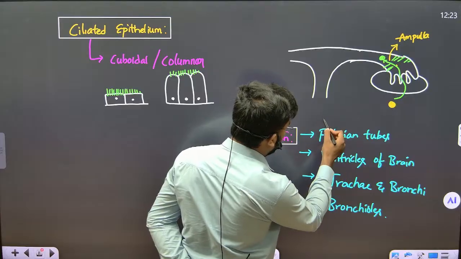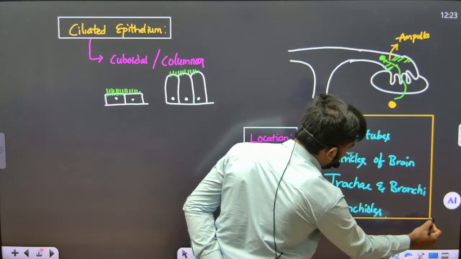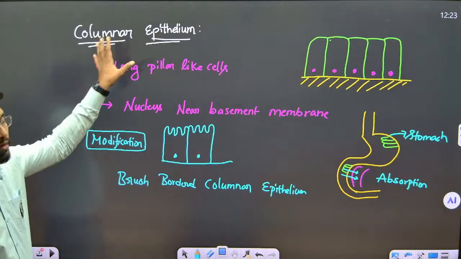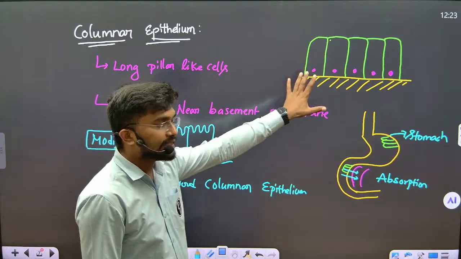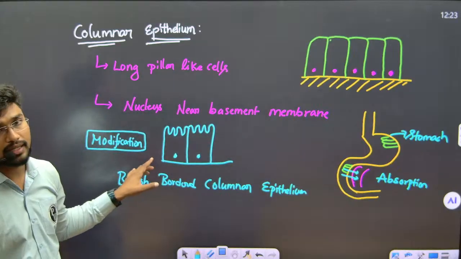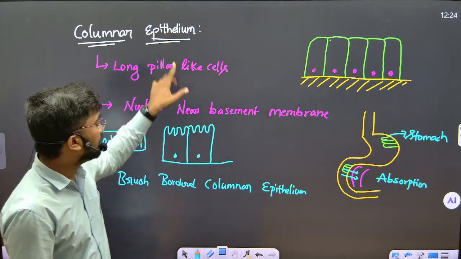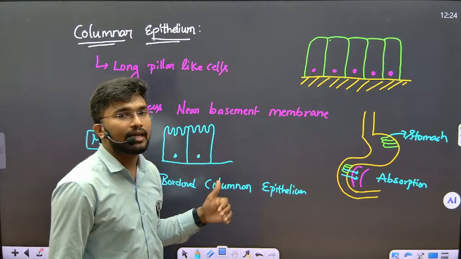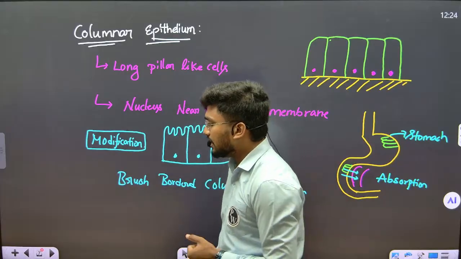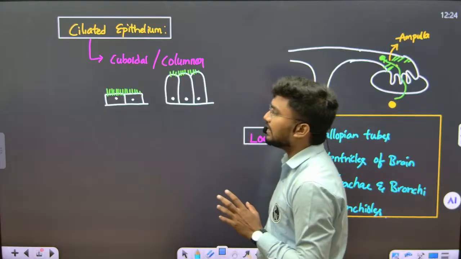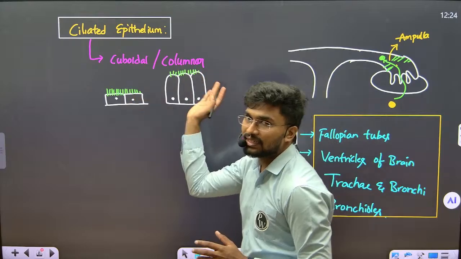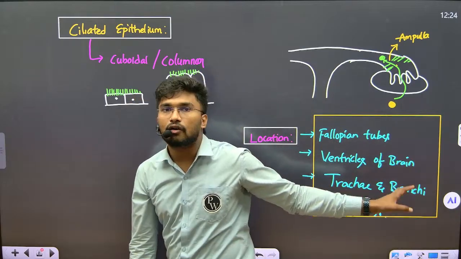So what we studied about columnar epithelium: we understand how the cells are present, and the position of the nucleus is very important for examination. What are the examples? A modified columnar epithelial cell is what we call brush bordered columnar epithelium. Then we have seen the ciliated epithelium, with cilia present on the surface, helping in the movement of particles in a certain direction, and these are the locations of cilia.